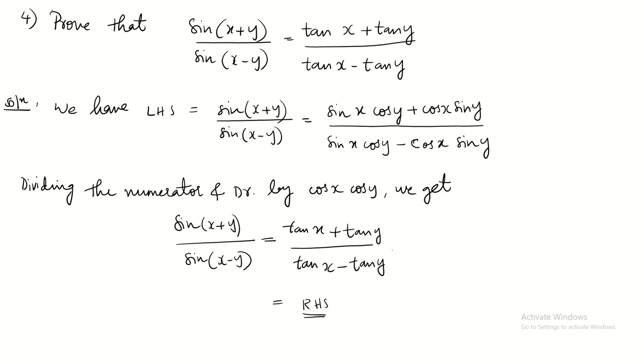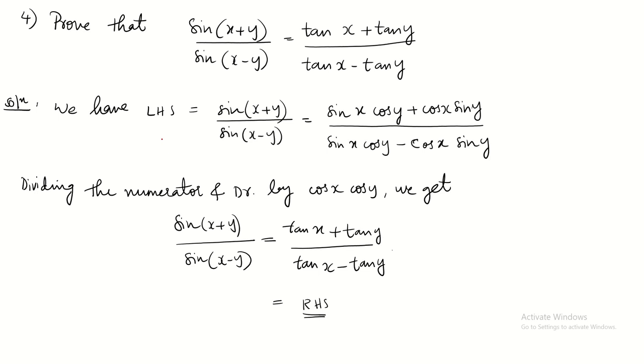Now the next question. You have to prove that sine of x plus y divided by sine x minus y is equal to tan x plus tan y divided by tan x minus tan y. You have LHS as well as RHS here.